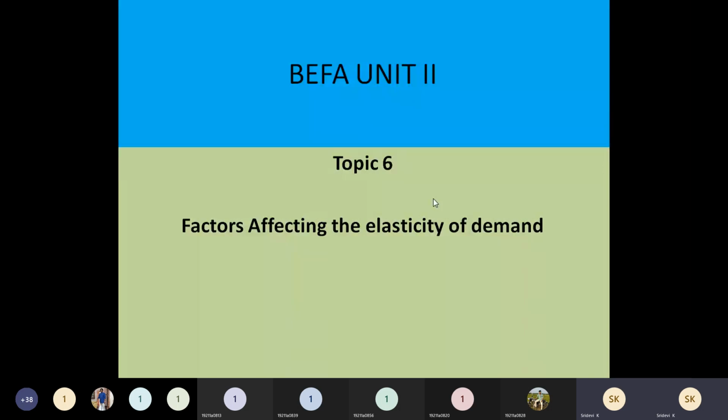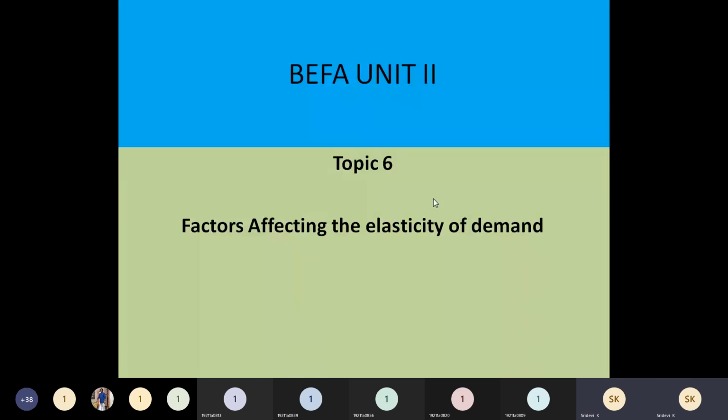Level of price means some products will be high priced, costly products will be there. So in such a case, costly products will automatically have more elastic demand because some group of people may not be able to purchase that if the price increases.